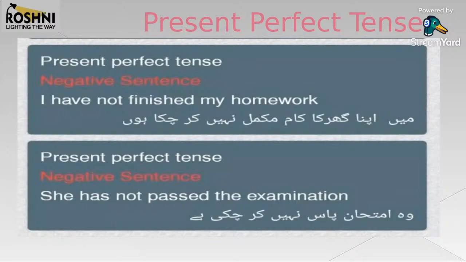Over here in the present perfect tense, you have to use nahi after the verb that you have used. For example, मैं अपना घर का काम मुकम्मल, मुकम्मल मीन्स कंप्लीट और फिनिश्ड, नहीं कर चुका हूँ. मुकम्मल नहीं, it means that first the verb is coming and then the word not is coming.